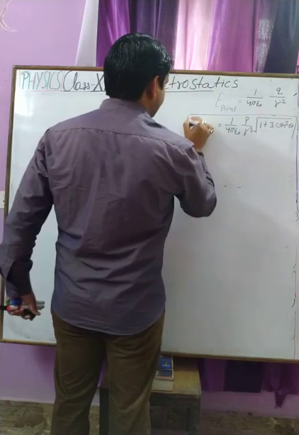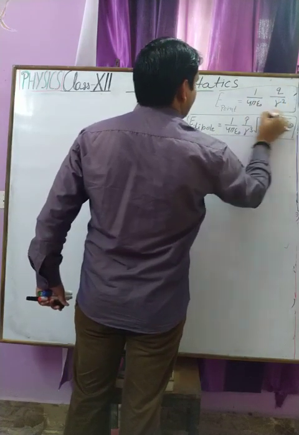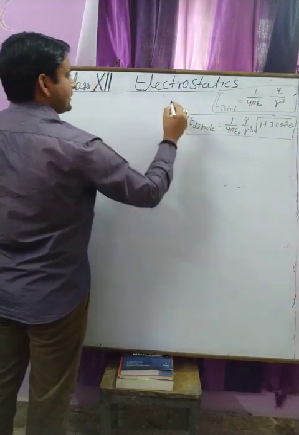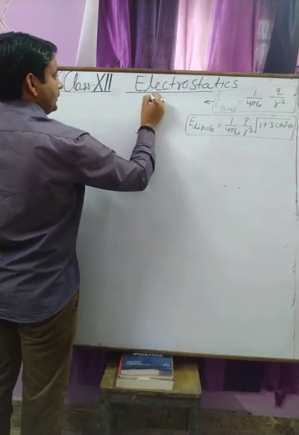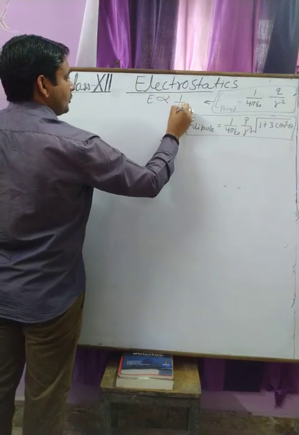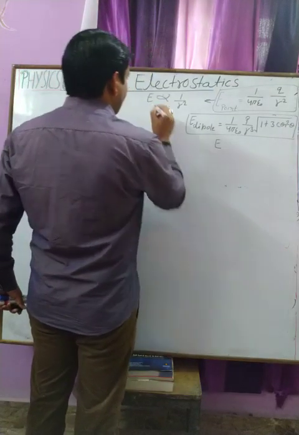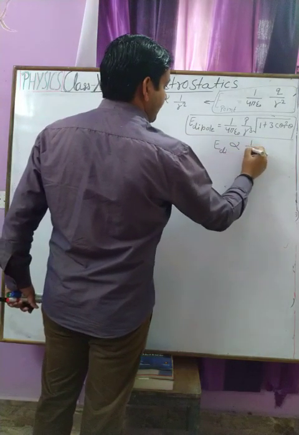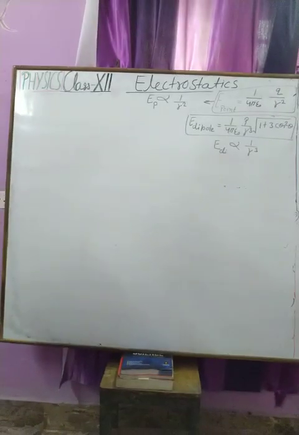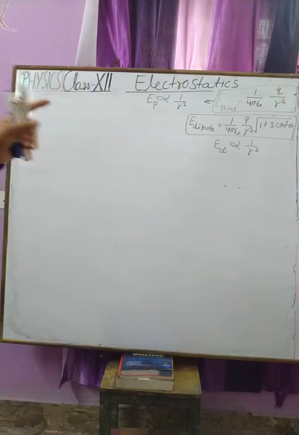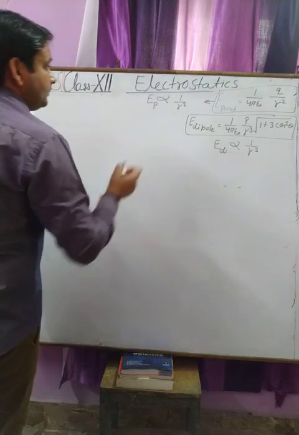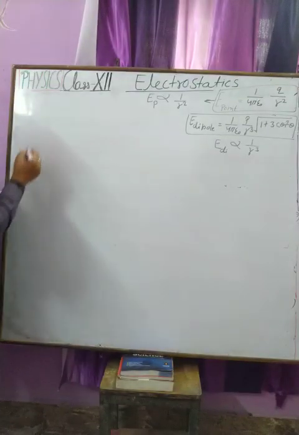Okay student, from the two formulas we find that the electric field for the point charge is inversely proportional to the square of the distance, while for the dipole it is 1 upon r cube. This shows that the electric field due to a dipole depletes faster than the electric field due to a point charge.